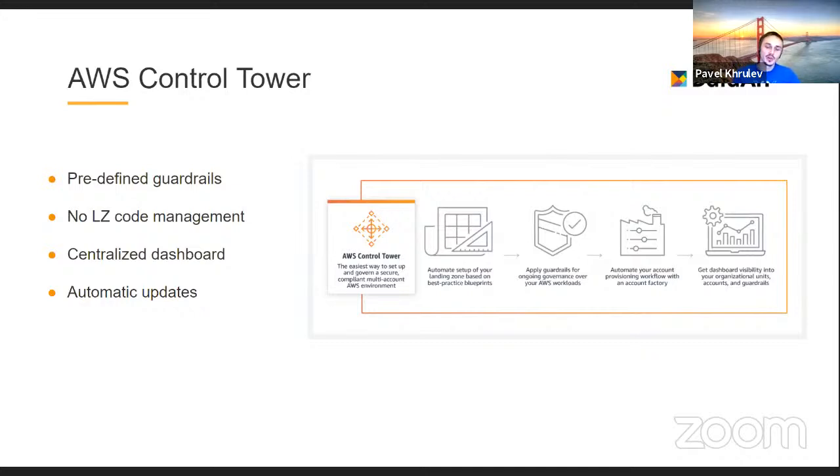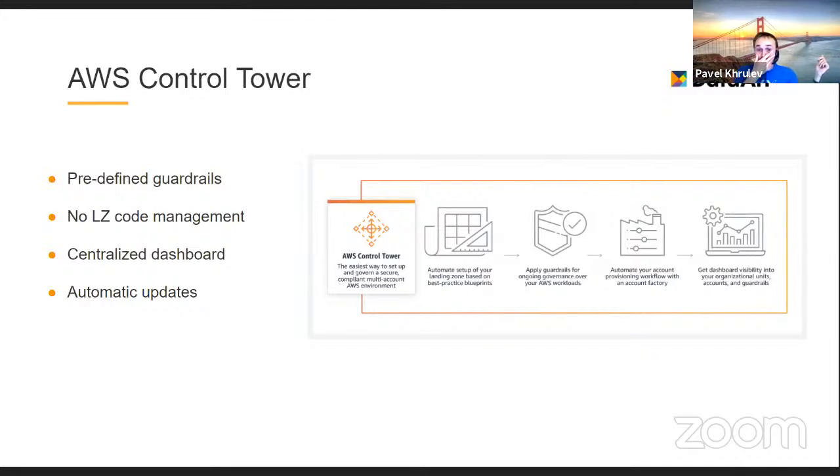It's a relatively new service, and that's the easiest way to set up a landing zone. Actually, you can just click a button and your landing zone is set up. You have a multi-account environment and everything is baselined with best practices and well architected, and that's a good start.